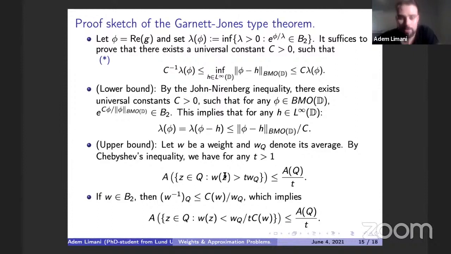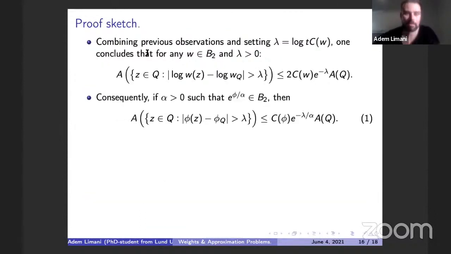Combining these two, we arrive at the following. If we pick lambda equal to the logarithm of t times this B2 constant of W, we get the following. So this is some sort of a uniform John-Nirenberg type inequality for logarithms of B2 weights.